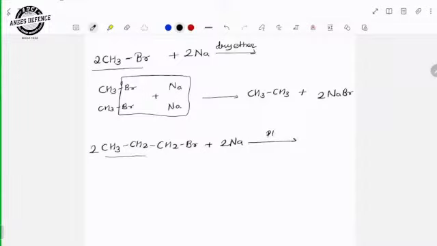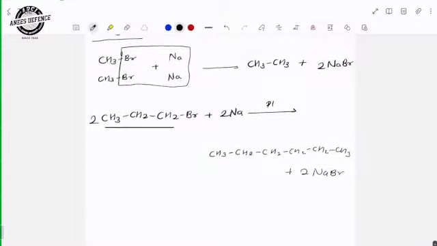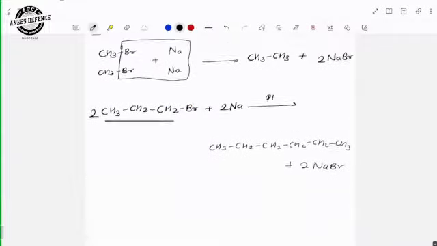Propyl halide has 3 carbons, so you have to multiply it by 2. 3 twos are 6, so you will get hexane, a 6 carbon alkane, CH3CH2CH2CH2CH2CH3, plus 2 moles of NaBr. Basically, this is known as Wood's coupling reaction. You are coupling two reactants together. Even if you are taking two different types of alkyl halide, it is still known as Wood's coupling reaction.